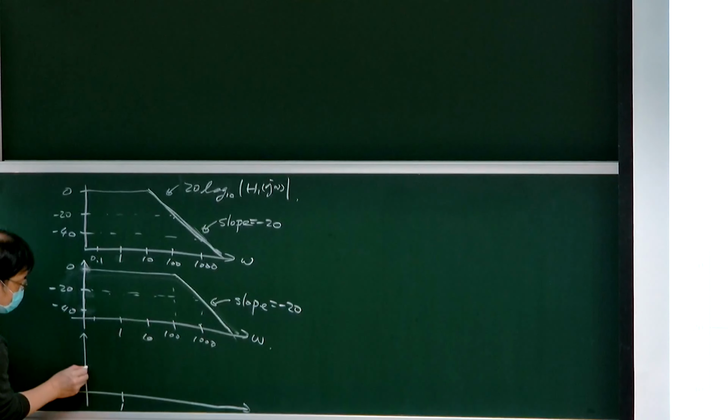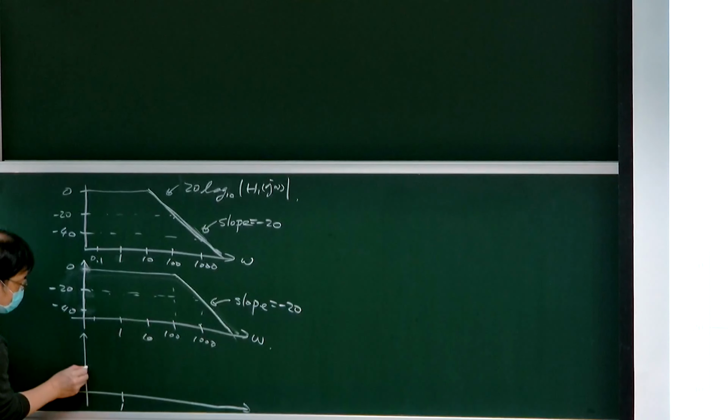But once you reach omega equal to 10, you have this slope going up by 20 and this slope going down by 20, which cancels out. So at this point the upward trend cancels out with the downward trend, so it stays flat here.